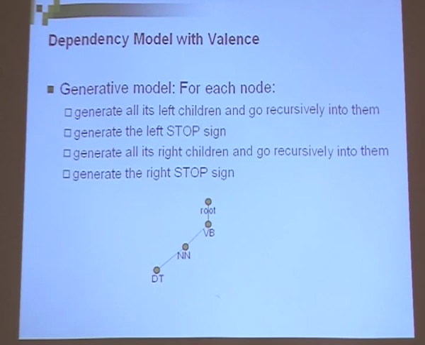It decided it has no children to the right, so another stop sign to the right, and goes recursively back. By that algorithm the whole dependency tree is generated. The dependency model with valence generates only projective trees.